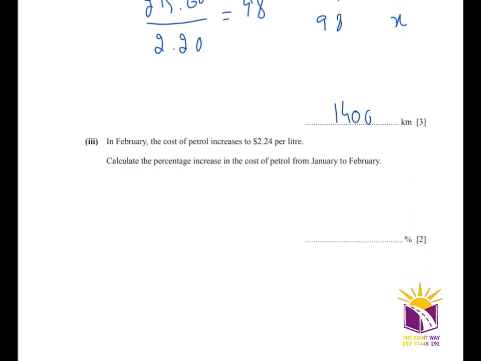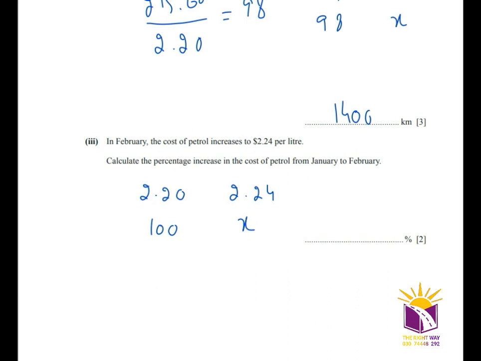In February, the cost of petrol increases to 2.24 per liter. Calculate the percentage increase. Now we have 2.20 previously, and now it is 2.24. Previously we can say it is 100, and now it is x.